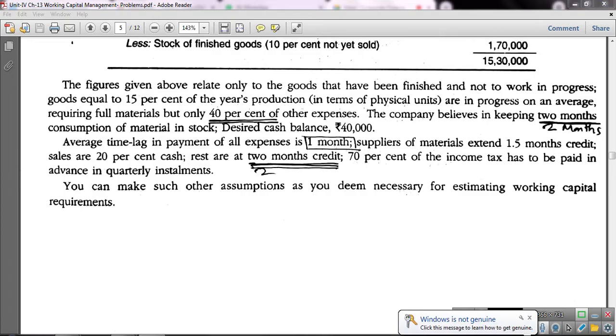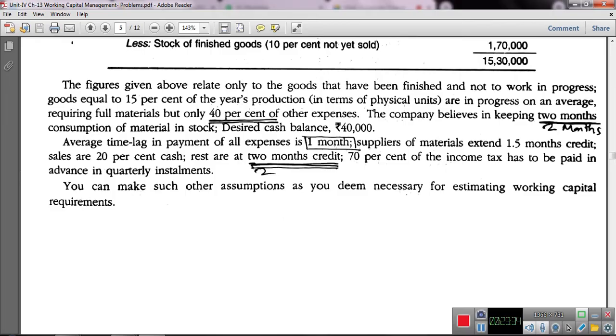Here it is given: the figures given above relate only to the goods that have been finished, and not to work in progress. Goods equal to 15% of the year's production are in progress on an average.